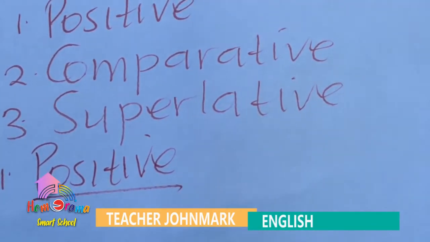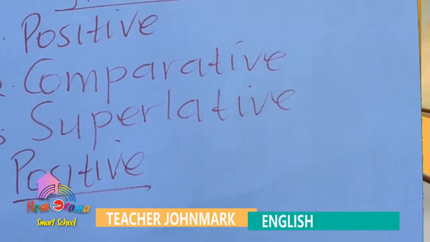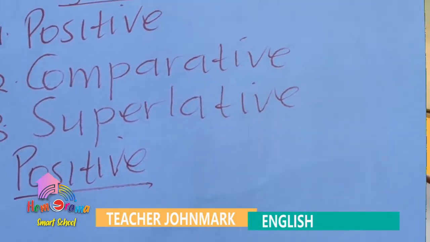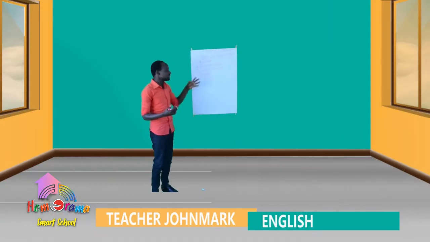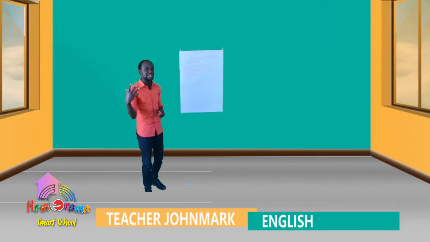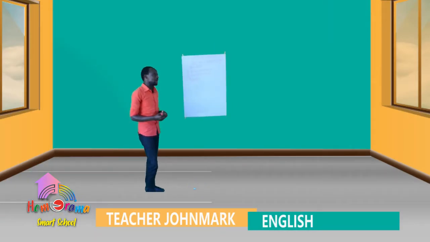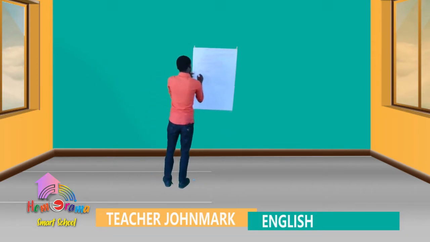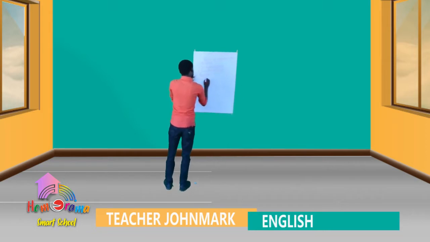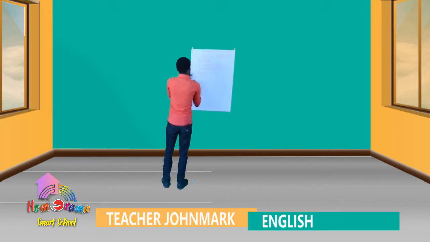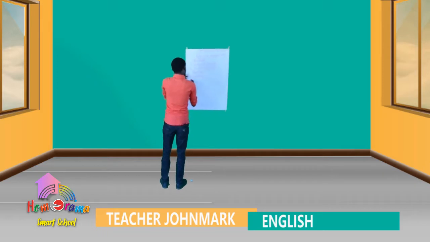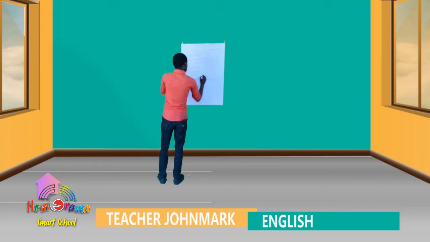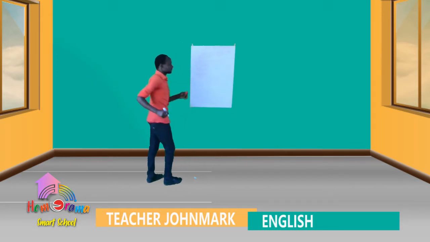Positive adjectives are used to describe or to talk about one item. Positive adjectives are used to describe an item or just one item. I will give an example in a sentence. Example: Alice is tall, full stop.